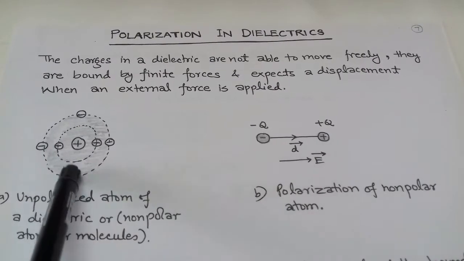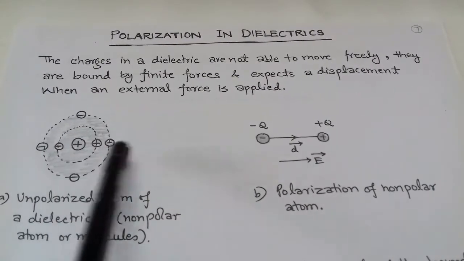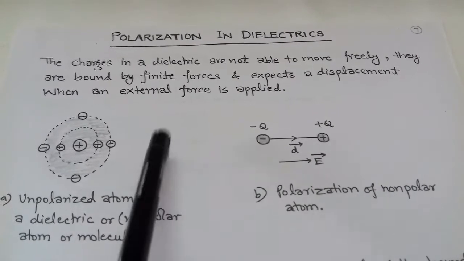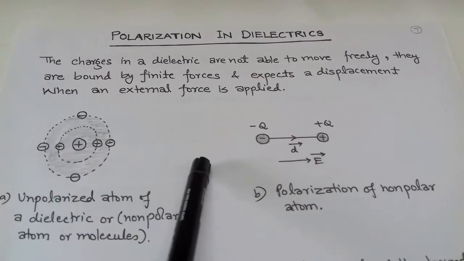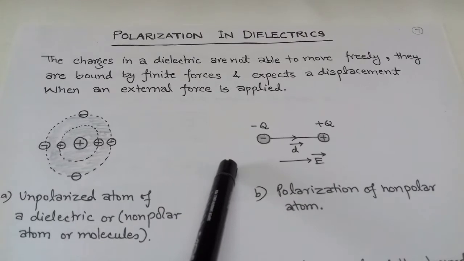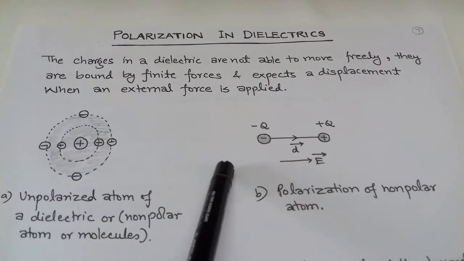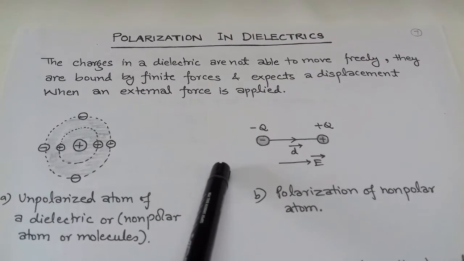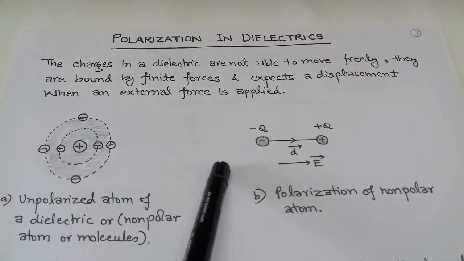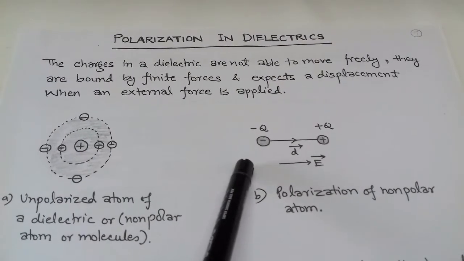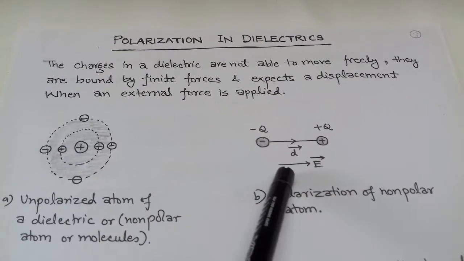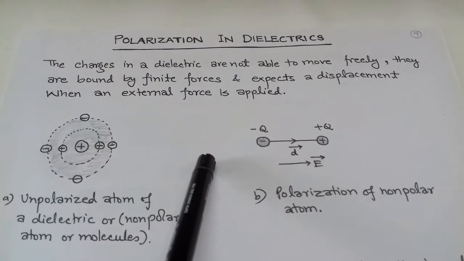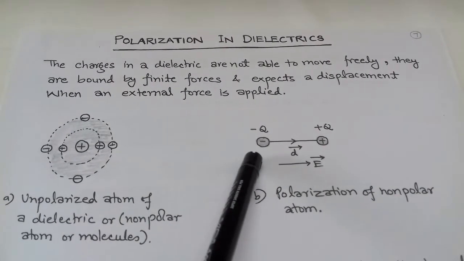Due to this electric field, the structure of the atom that has nucleus and electron is displaced, having minus q and plus q, means it has two poles, and the atom gets polarized.